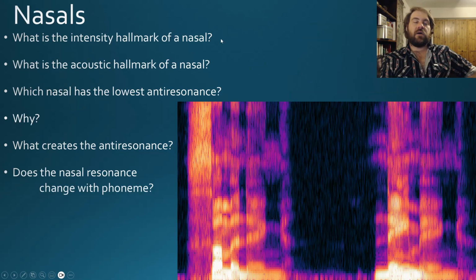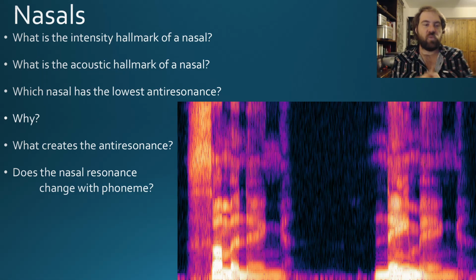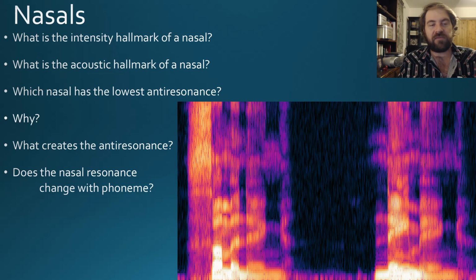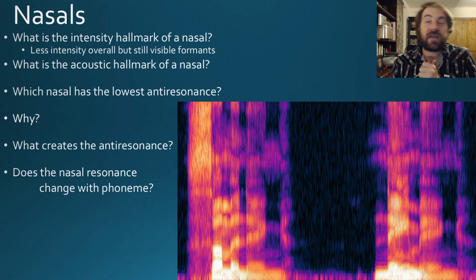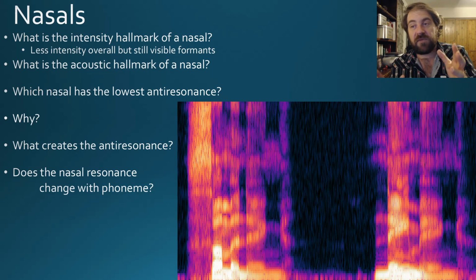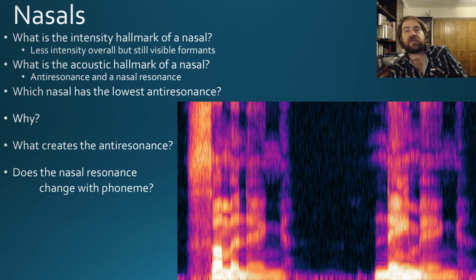Okay, next. What is the intensity hallmark of a nasal? It's quieter. There's less intensity overall, but you can still see some visible formants. What is the acoustic hallmark of a nasal? Well, there's two things. First of all, there's anti-resonance.